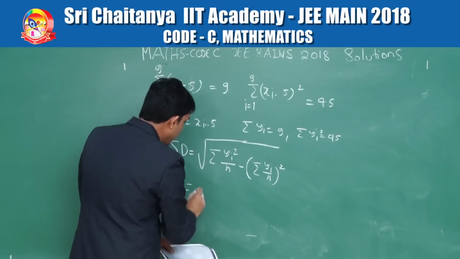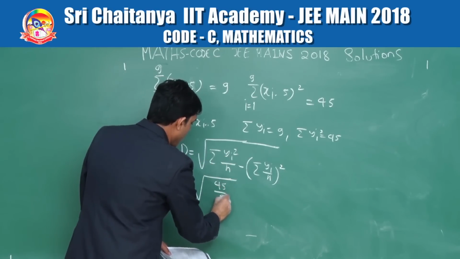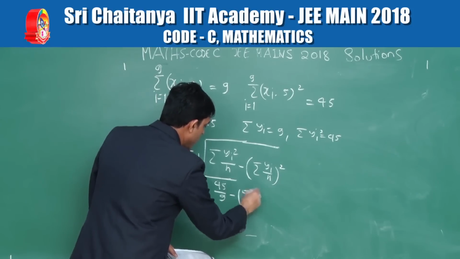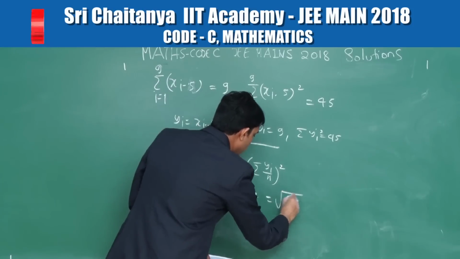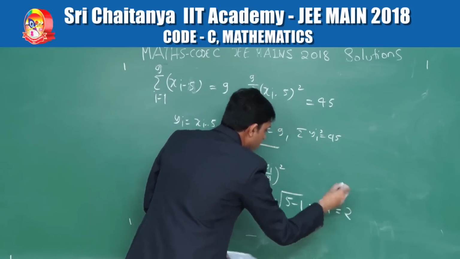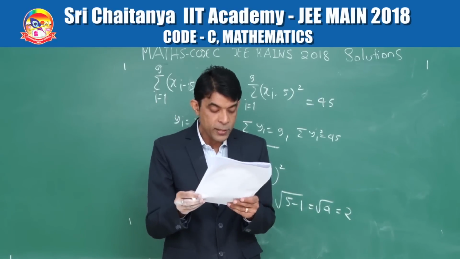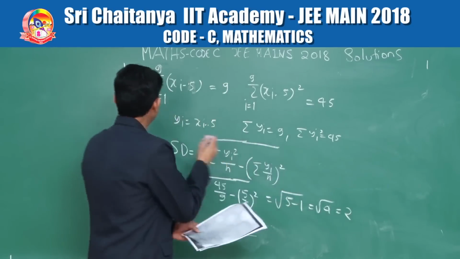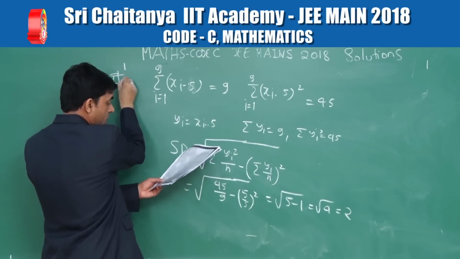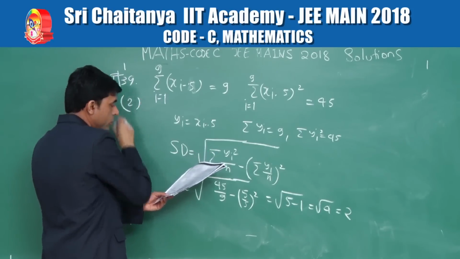This n happens to be 9 here, so now we know this answer is 45 upon 9 minus 9 upon 9 whole square. That gives you root of 5 minus 1, so that's root 4. That happens to be 2. So the answer happens to be 2, and the choice is option number 2. So option number 2 is correct. So it was number 39.